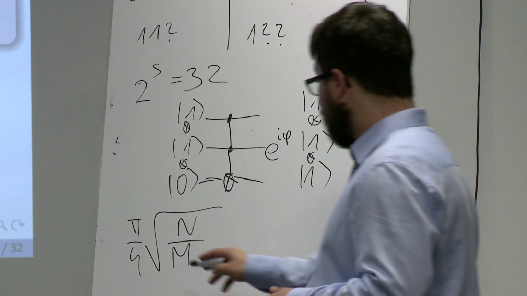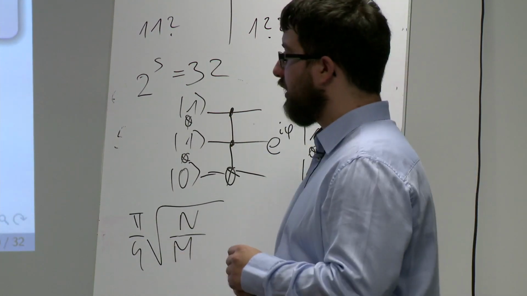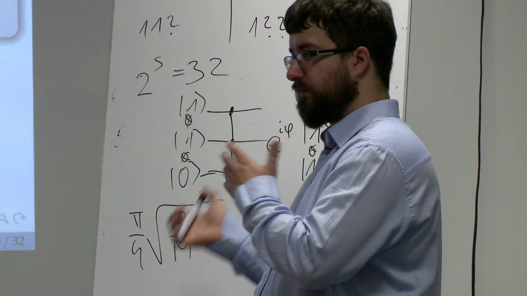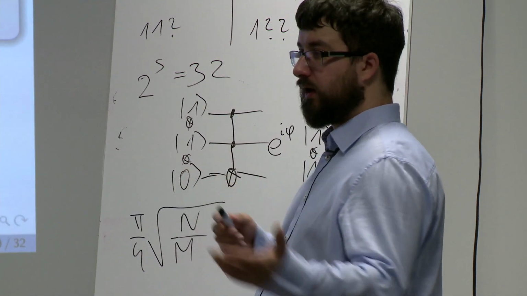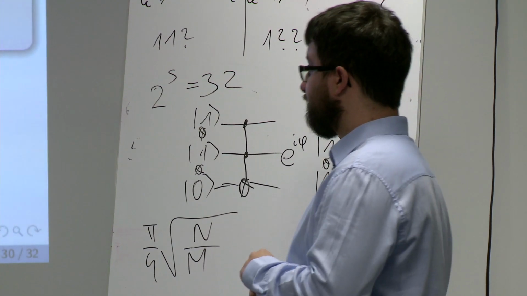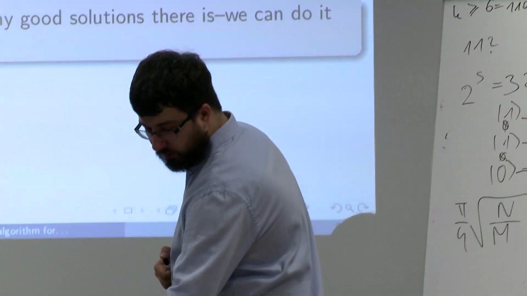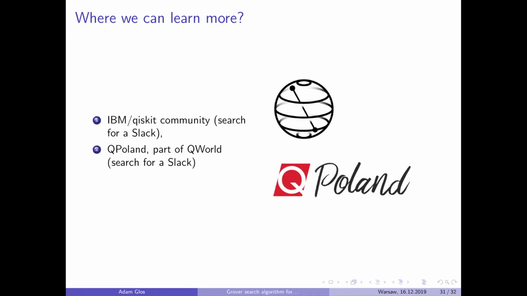In fact, we need to know this number beforehand, but we can do this by something called quantum counting, which is again very efficient. It has a very similar complexity to Grover search. Okay, so this is all I wanted to say about Grover search.